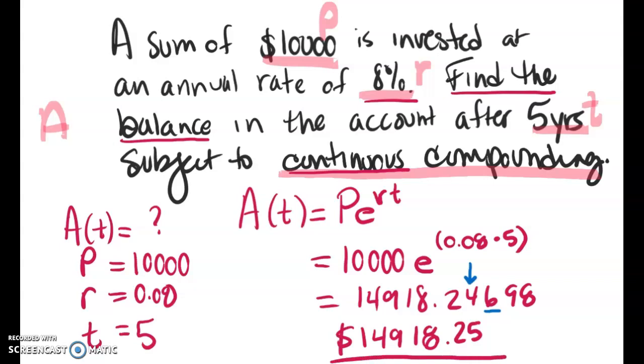And so my answer is $14,918.25. So this is an example of continuous compounding and an example of how to use the natural number e in a problem application.